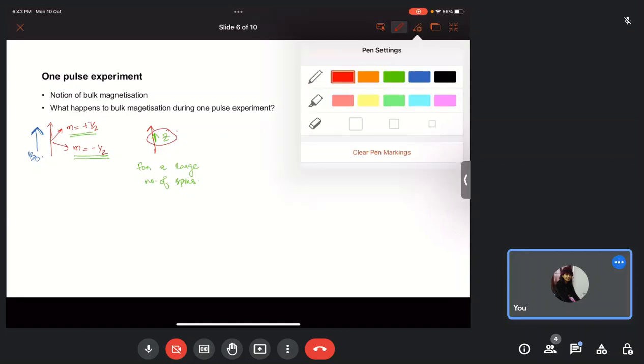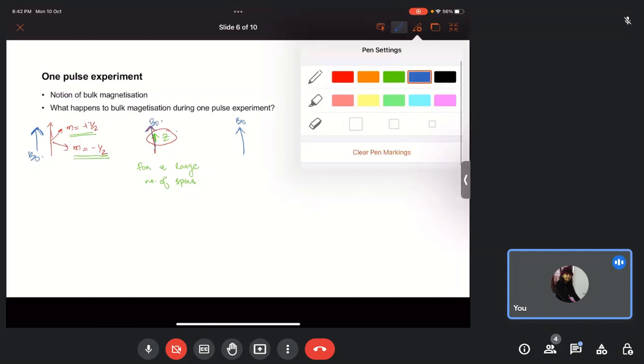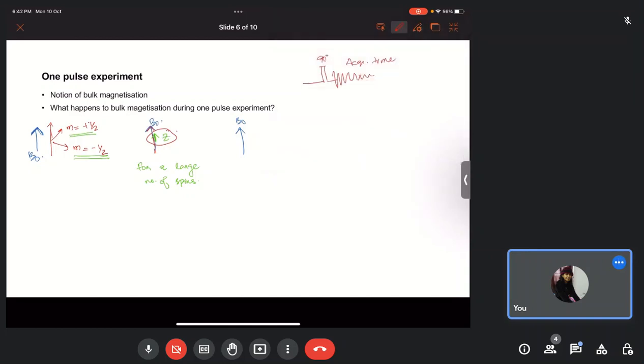So we have the B0 field, and what happens with the pulse? Both the B0 and the effective magnetization from the large number of spins are along the Z axis, and you apply a pulse from X or Y, one of the perpendicular axes.